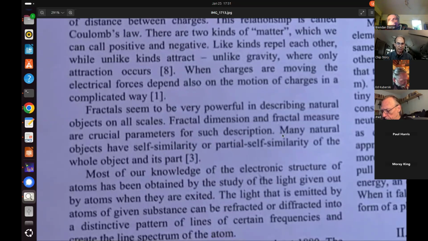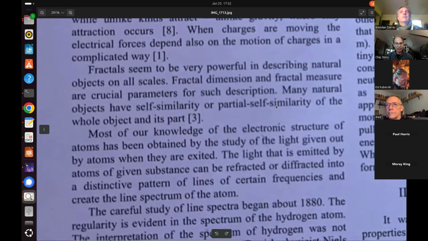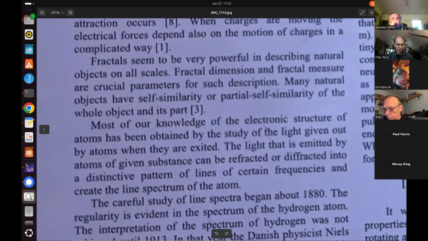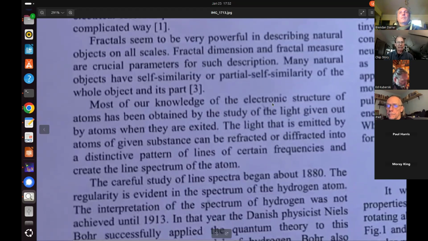When charges are moving, the electrical forces depend also on the motion of charges in a complicated way. Fractals seem to be very powerful in describing natural objects on all scales. Fractal dimension and fractal measure are crucial parameters for such description. Many natural objects have self-similarity and partial self-similarity of the whole object and its part.